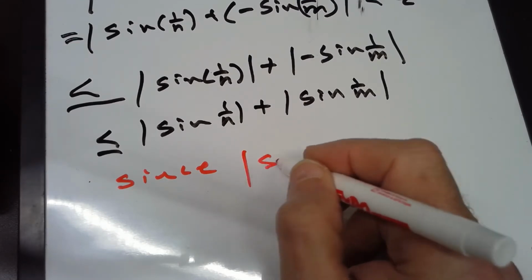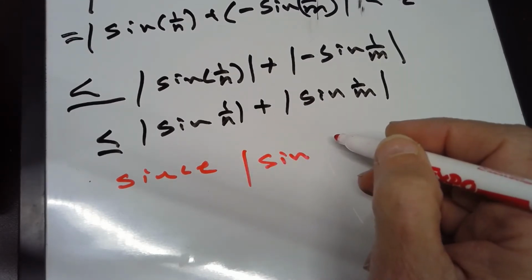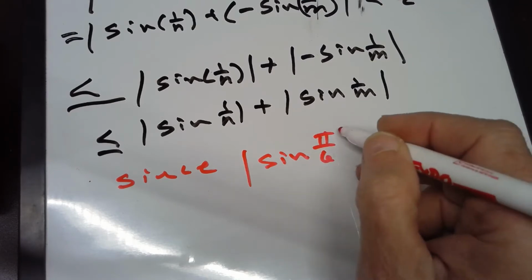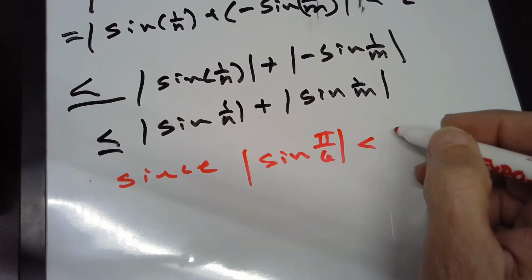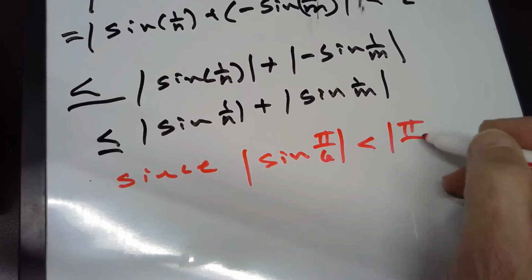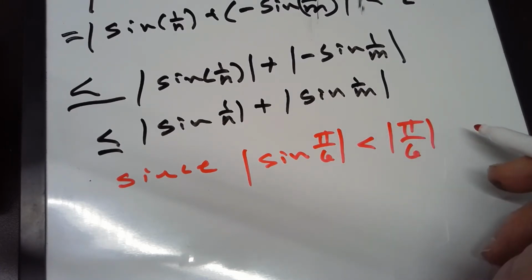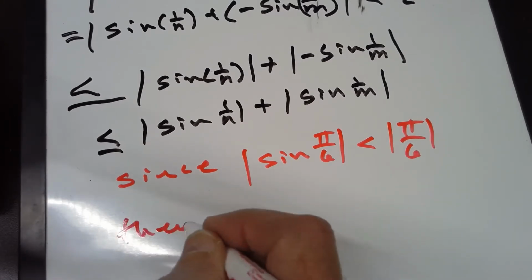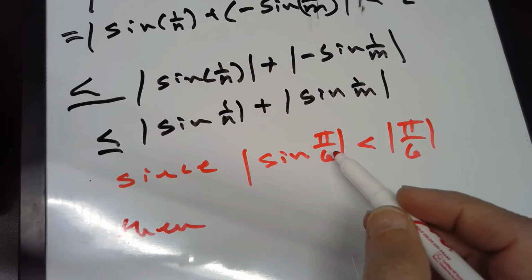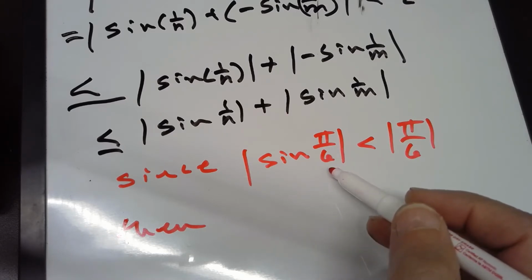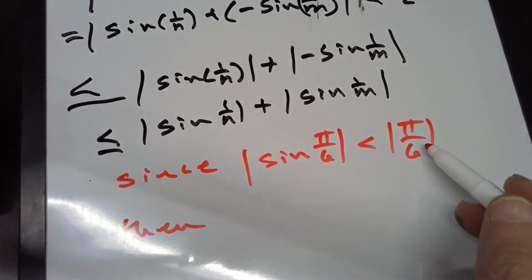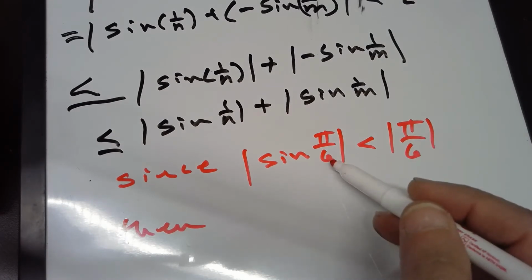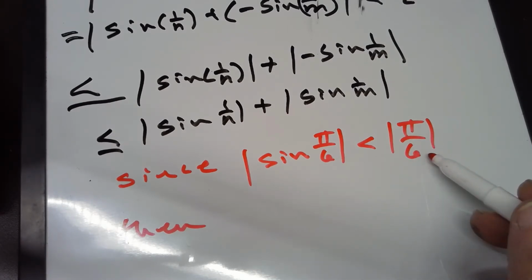The absolute value of sine of, for example, pi over 6 is less than just pi over 6, because the sine of pi over 6 is 1/2, so that's 0.5, whereas just pi over 6 is about 0.52, an irrational number, so it's larger than 0.5.